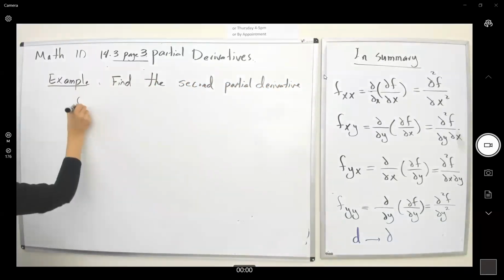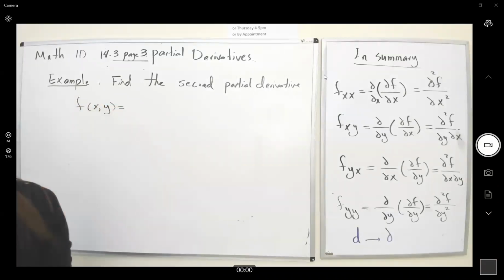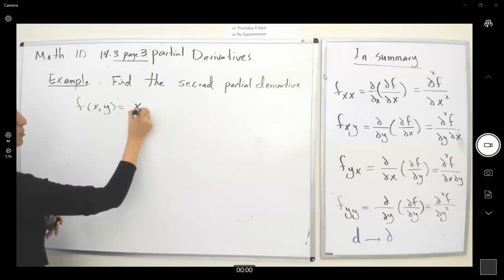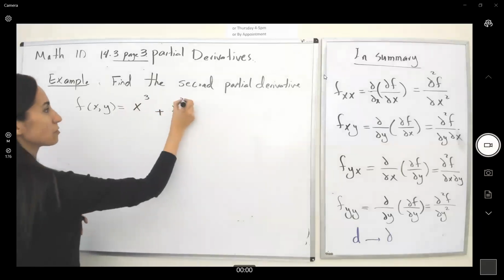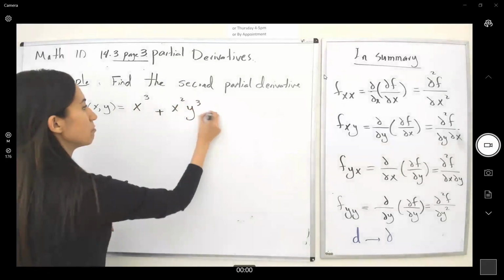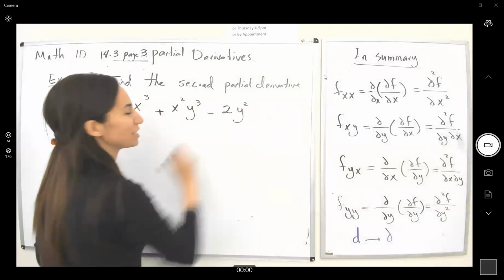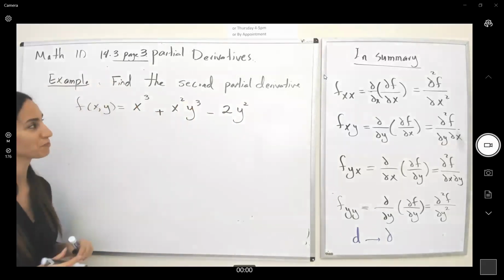So here you have f of x and y equals to. What do we have here? We have x cubed plus x squared y cubed minus 2y squared. There you go.